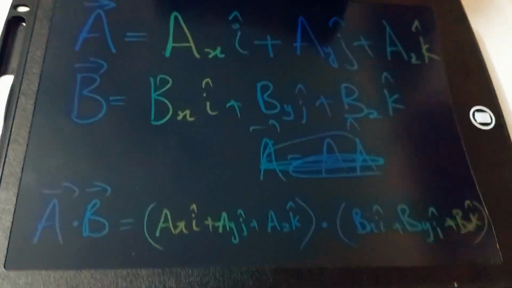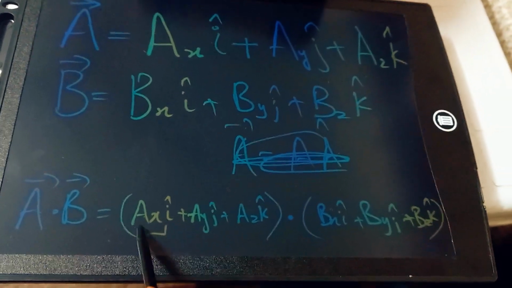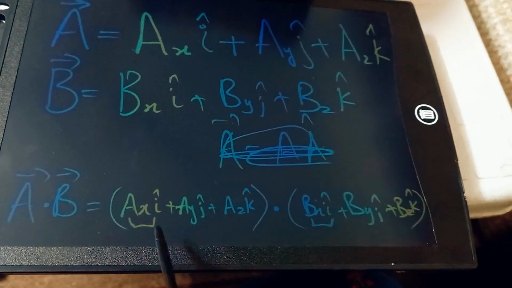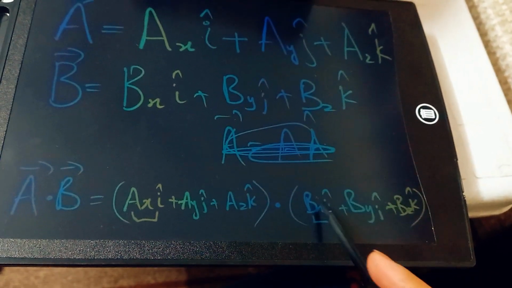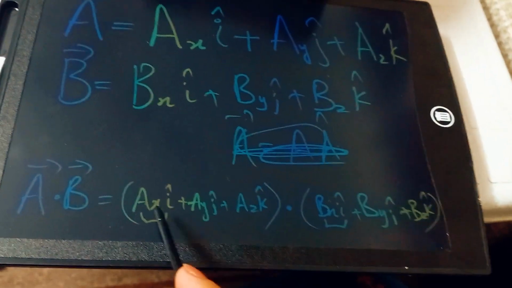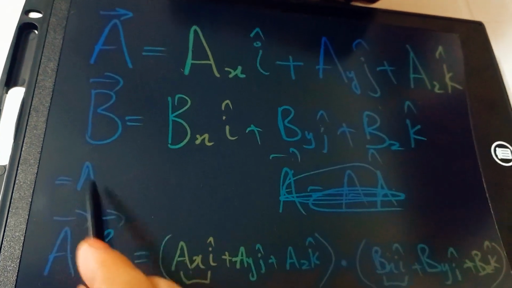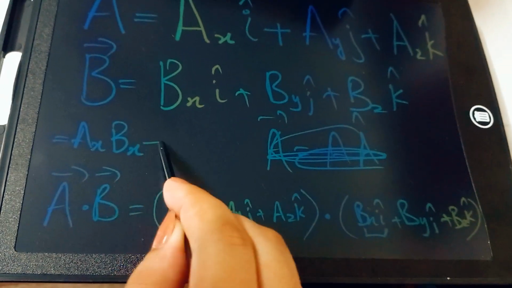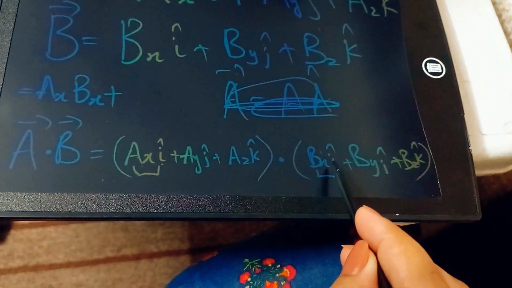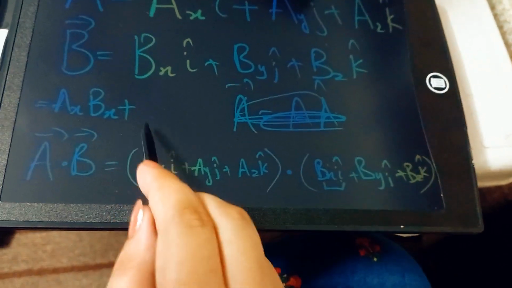Now what will be its dot product, and this is how you calculate it. You can see this is i hat and this is i hat. Similar unit vector quantities, just simply their magnitudes are multiplied with each other. So we have ax bx, separated by a plus sign.